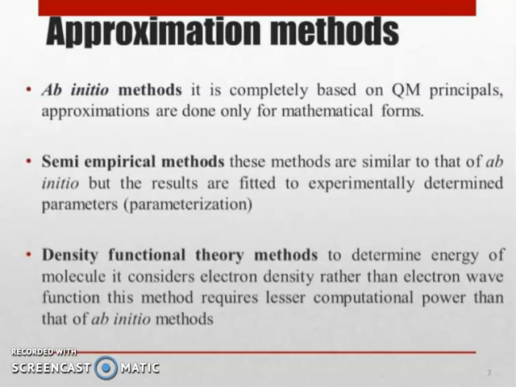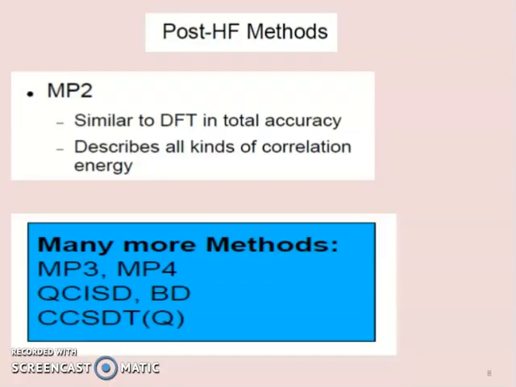And the important theory, density functional theory, is a method to determine the energy of a molecule. It considers molecular electron density rather than the electron wave function. This method requires less computational power than the ab initio method.